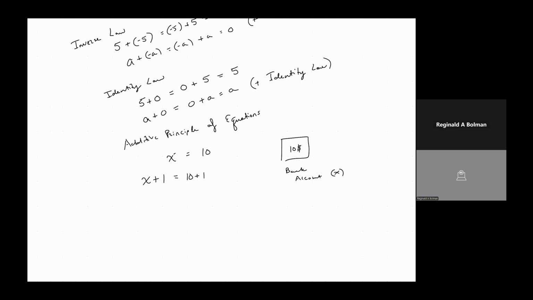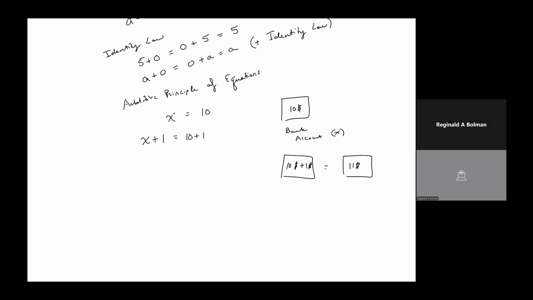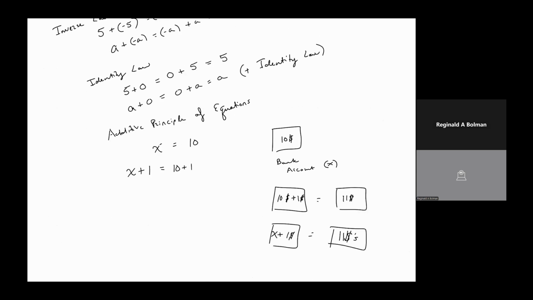Said another way, if $10 is in your bank account and you deposit $1 to your bank account, then you've got, on the one hand, $11 in your bank account, but if the bank account itself was just labeled as X, then you added $1 to your X in order to get a bank account that now has $11 in total inside of it. Okay, that is the additive principle of equations. Our equation will remain balanced as long as we add in like parts on both sides of an equal sign.